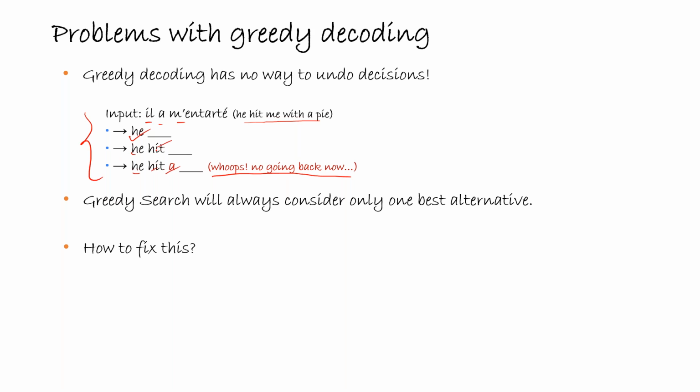With greedy decoding, that is one of the problems the decoder faces. Greedy search will always consider only one best alternative out of all, whichever has the highest probability, and will not choose anything else. It is not going to fix it. So greedy decoding has this problem.